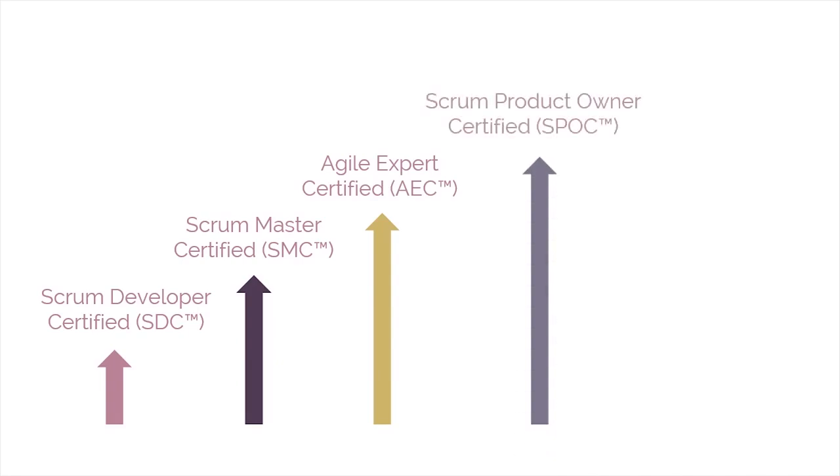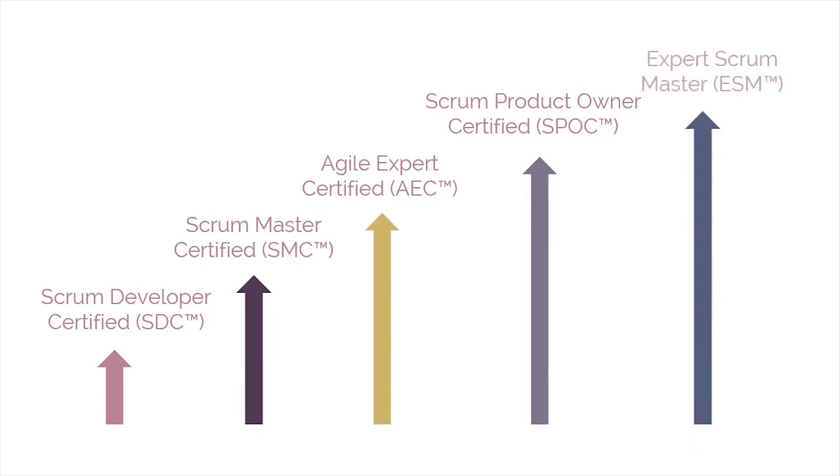The Scrum Product Owner Certification, or SPOC, is designed to provide professionals with a practical working knowledge of Scrum that equips them to handle the business aspects and stakeholders in a Scrum environment. If you are an active SMC, SPOC, or SDC who has reached that next level of experience and expertise in using Scrum framework, elevate your career even further by earning the ESM credentials.